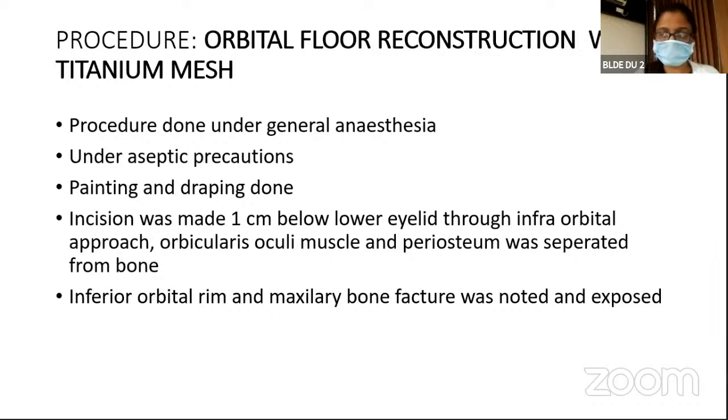The procedure was as follows: under general anesthesia, a painting incision was made 1 centimeter below lower eyelid and through infraorbital approach, orbicularis oculi muscle and periosteum were separated from the bone, and after that inferior orbital rim and maxillary bone fracture was noted and exposed.